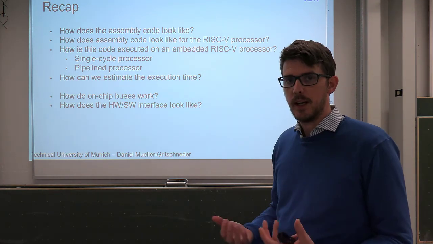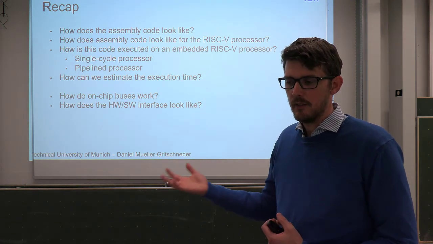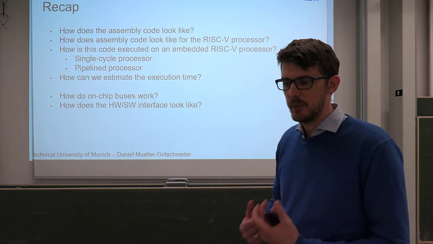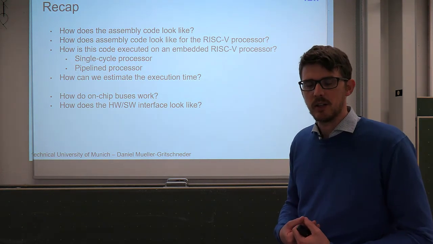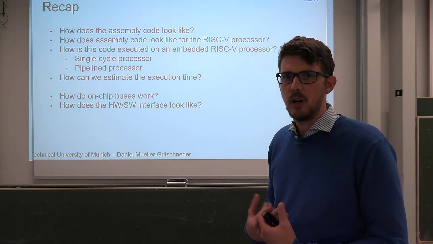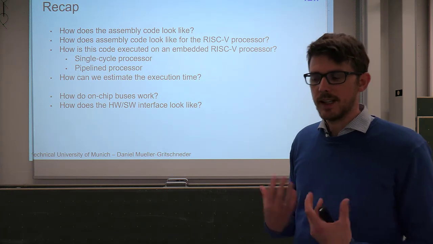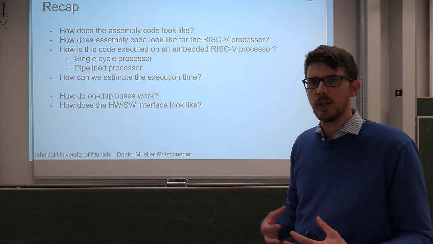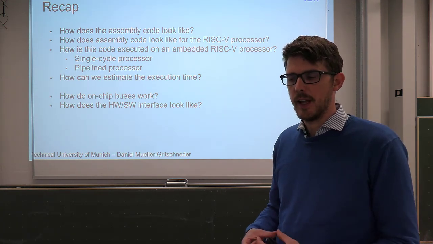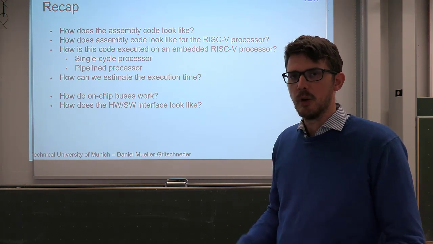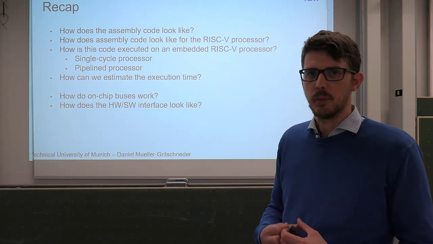And finally, if you are going more to the system level or have to do some quick exploration whether a certain processor is capable of doing the workload you're planning, we looked into ways to give quick estimations of the execution time on a certain processor. And then we went more to this SoC aspect. We didn't just want to look into a single processor, we also wanted to look at how software is able to communicate with other devices on your system on chip, to cover a complete system on chip.